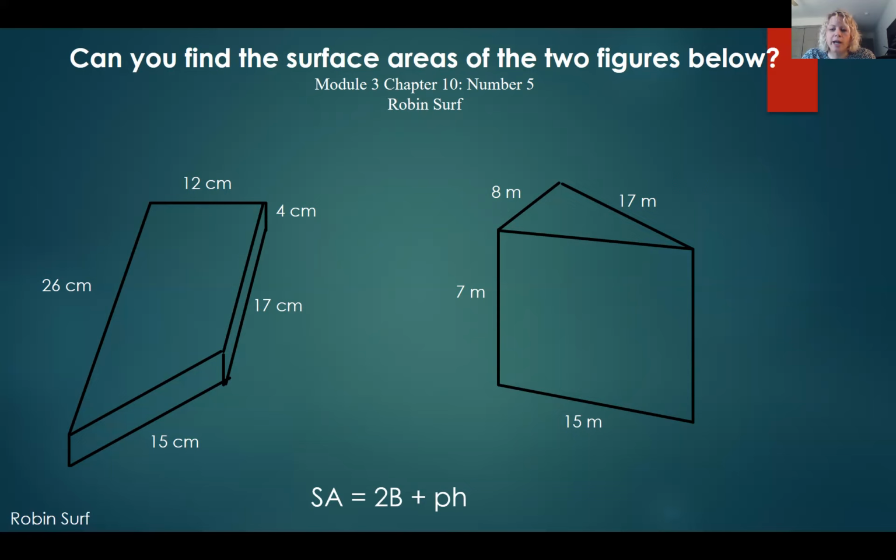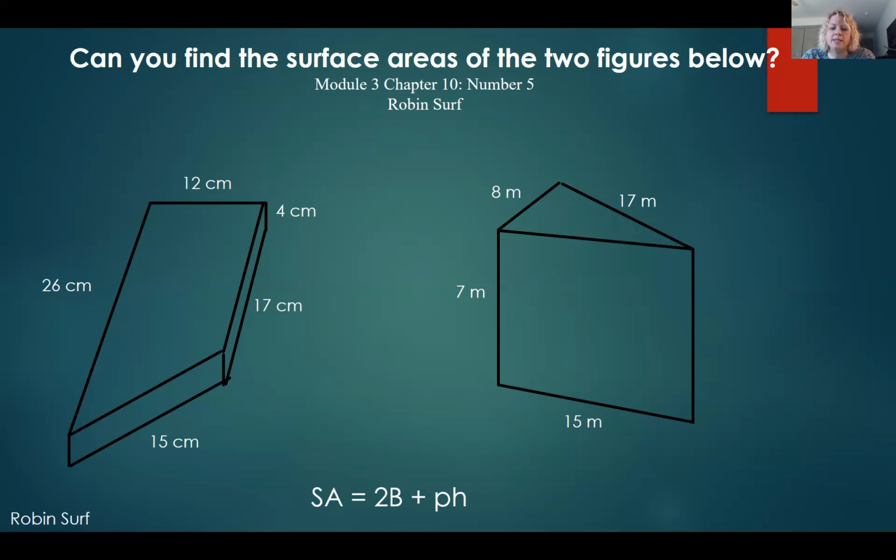So we multiply 86 by 2 to get 172. Now the perimeter of one of the trapezoids is 70, and we are given a height of 4. So we plug these numbers into our equation, and the surface area is equal to 452 centimeters squared.